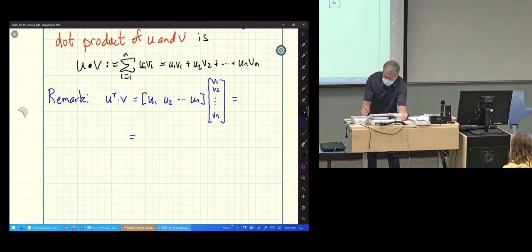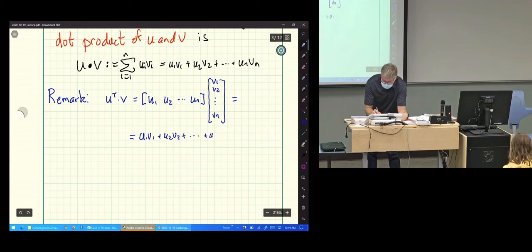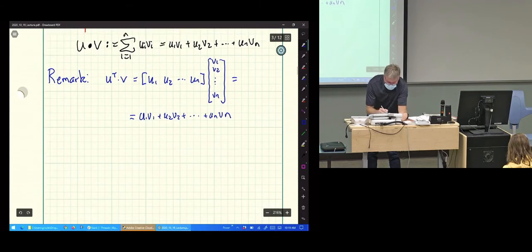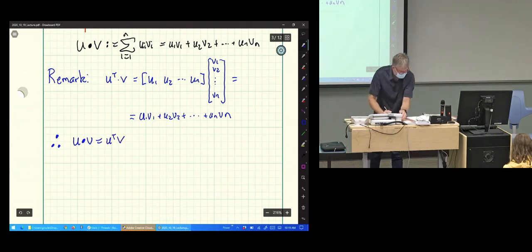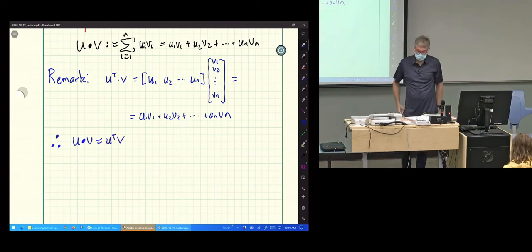That's what u transpose times v is equal to. So that's u1 v1 plus u2 v2 plus dot, dot, dot, un vn. So we conclude u dot v is the same thing as u transpose v. Okay, that's cool.